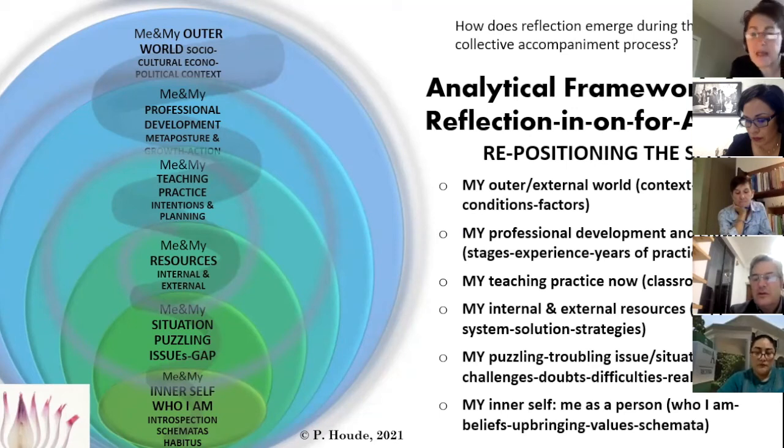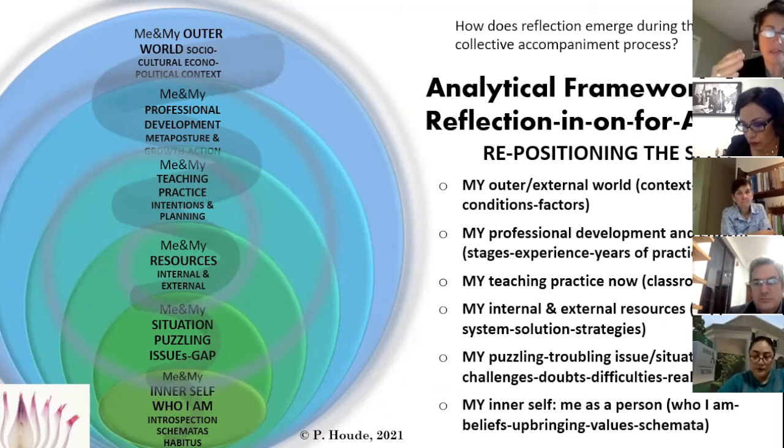So this is an analytical framework for reflection in, on, and for action. Reflection in, on, for action came from Schoen and Van Manen. We do different things while we're actually thinking about and trying to analyze our teaching practice.